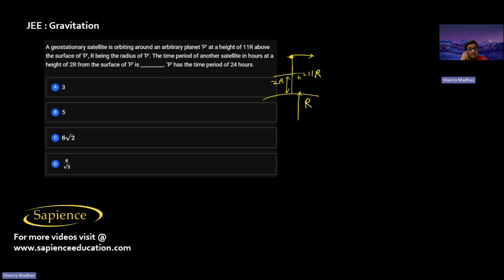The geostationary satellite has a time period of 24 hours. It means the time period of the geostationary satellite will be 24 hours, at the height of 11r.